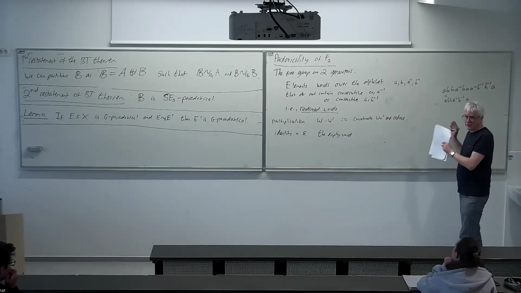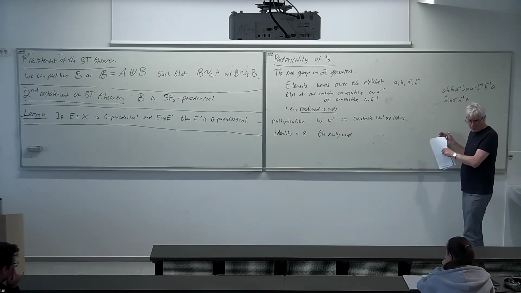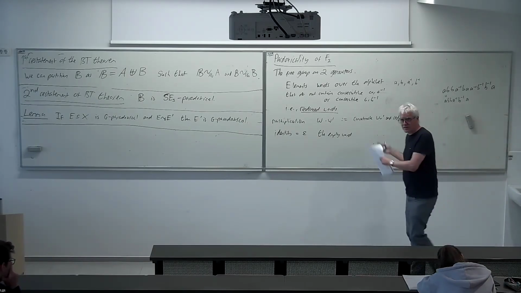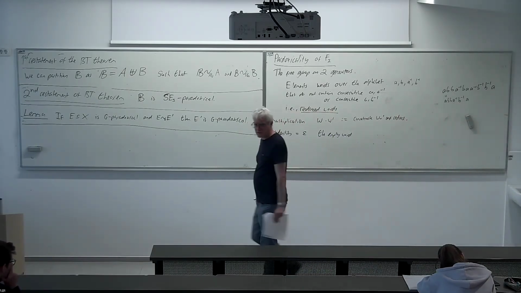It's a non-commutative group, so not an abelian group. So a b is not equal to b a. This is the free group on two generators.